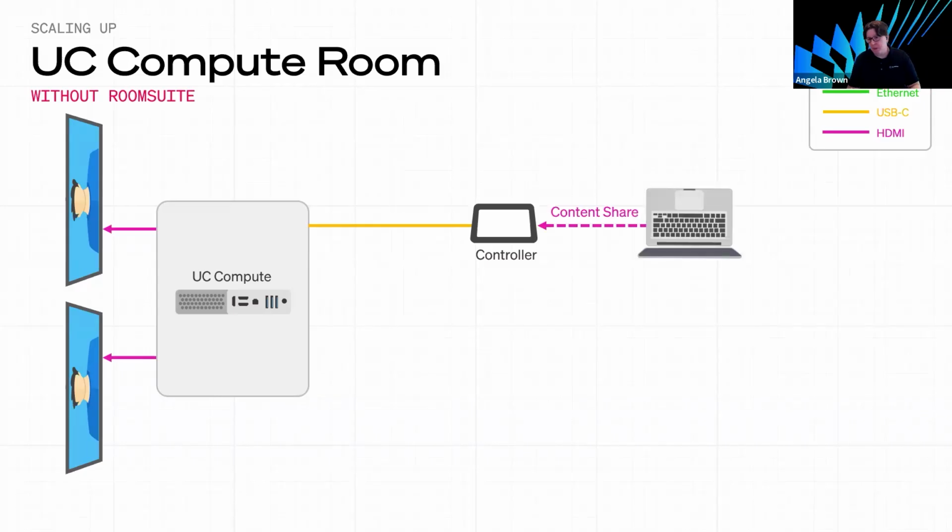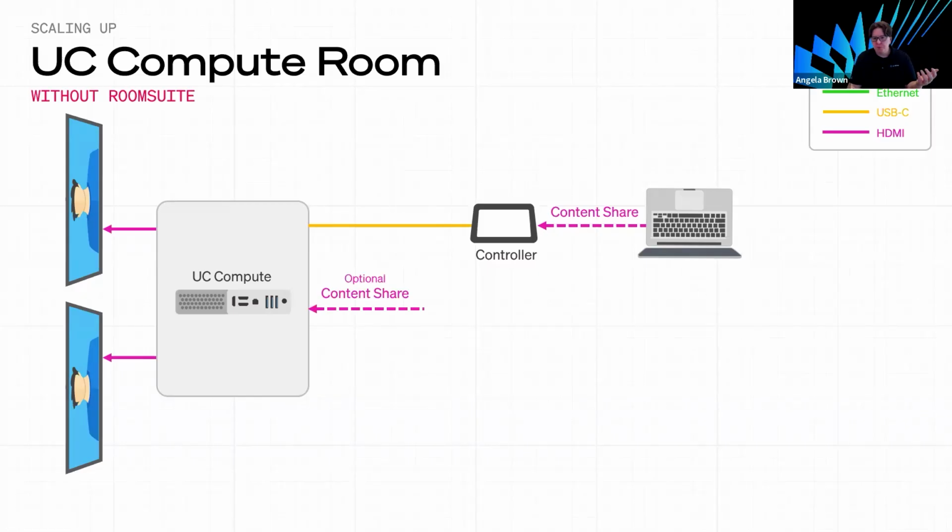And usually in a lot of these systems, you can plug in content share to the controller. I will just say that a lot of times that's a really low resolution because you're sending a touch panel interface one direction and video the other direction, and you're doing it over a USB connection that may or may not be high bandwidth. Some of them are, some of them aren't. It is really dependent on the product.